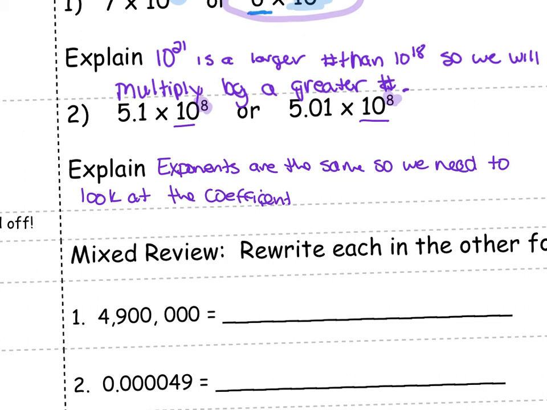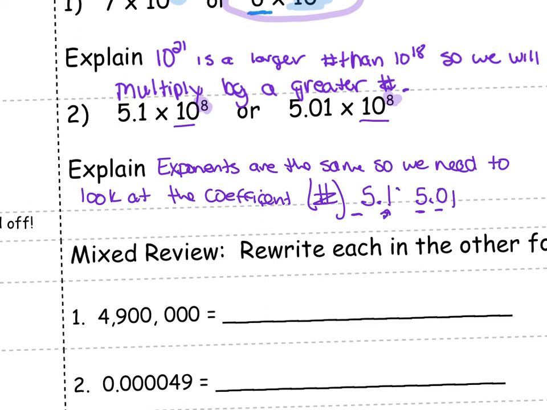We need to look at the coefficient, or the number that's being multiplied. So we have 5.1 versus 5.01. Well, this is in the tenths. There's a 1 in the tenths, so you always start at the front. 5 and 5 is the same. 1 and 0, 1 is greater.